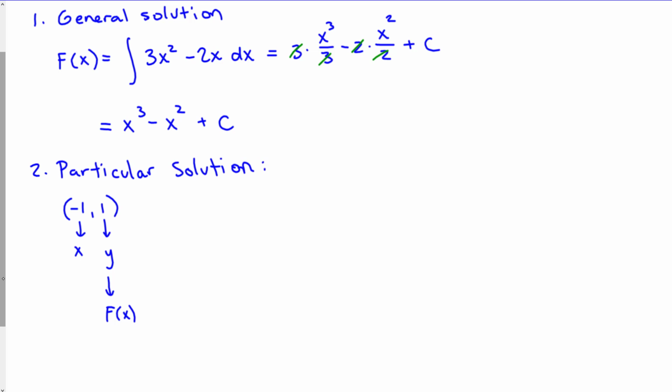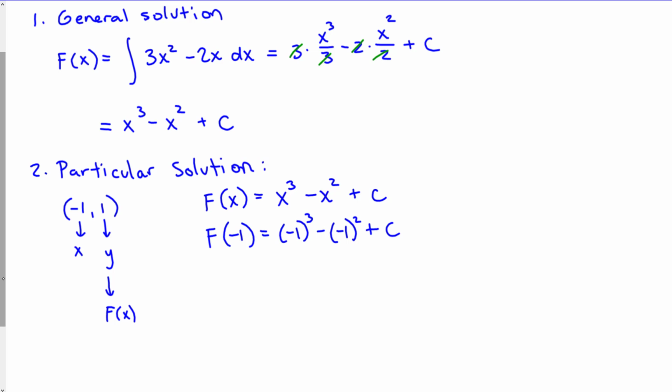So since capital F of x is equal to x cubed minus x squared plus c, I can say that I'm evaluating this function at the point negative 1. So that would be negative 1 cubed minus negative 1 squared plus c.